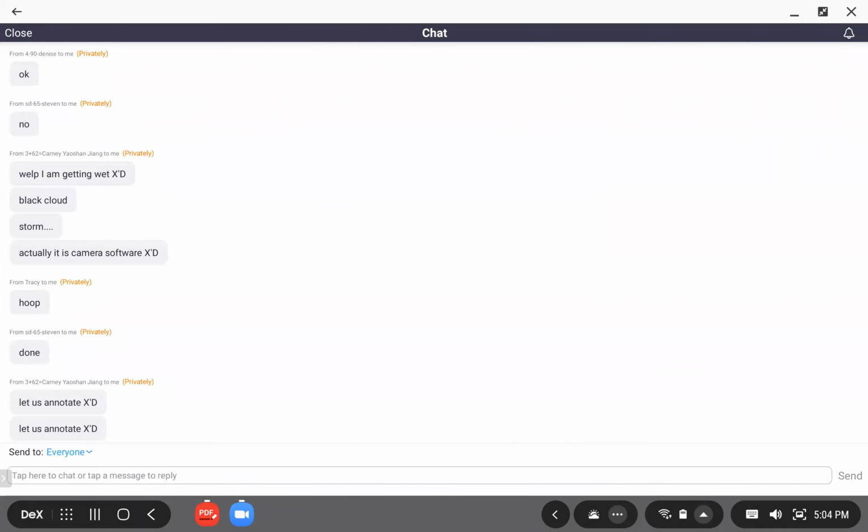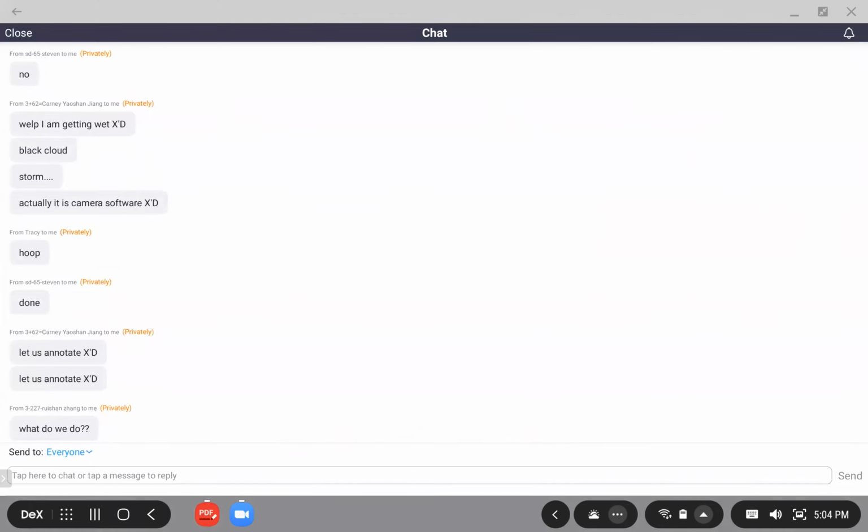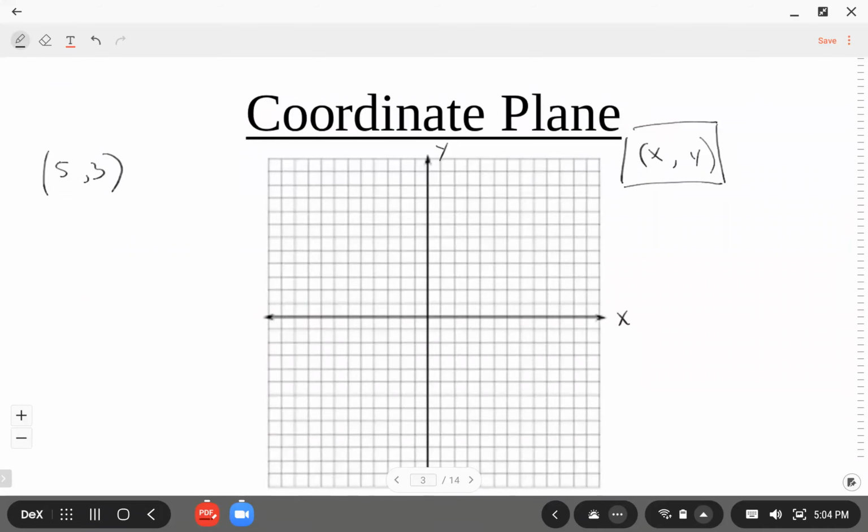You can draw a coordinate plane on your own paper and then graph it. This will be a small warm-up exercise.